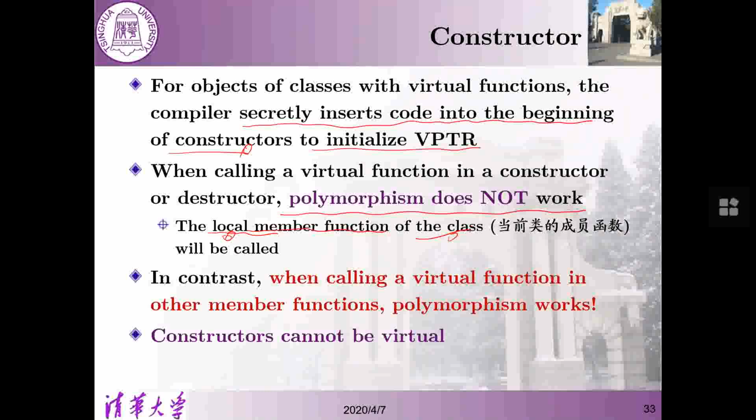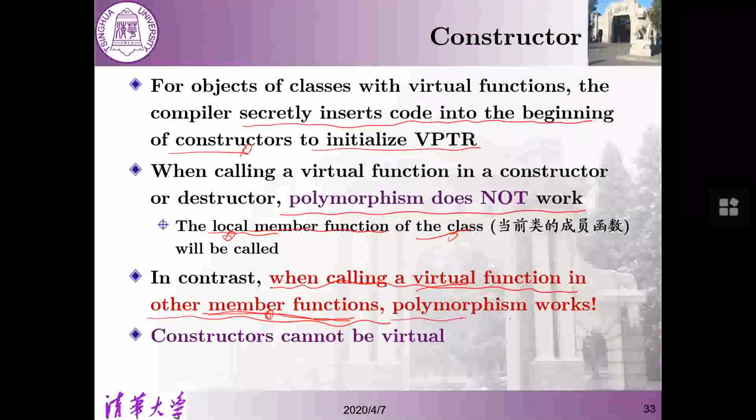In contrast, when calling a virtual function in other member functions, polymorphism works. We will have an example later. This is interesting. Other function means another member function, maybe this member function is not virtual. If we call a virtual function in a non-virtual function, then polymorphism still works. This is interesting.